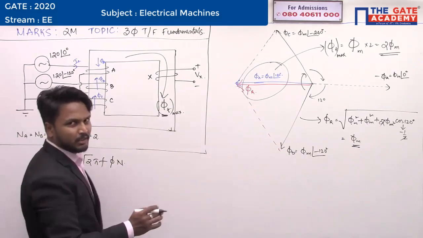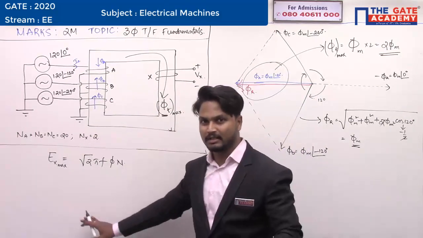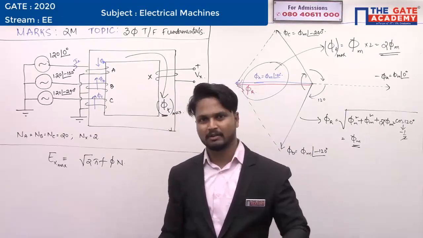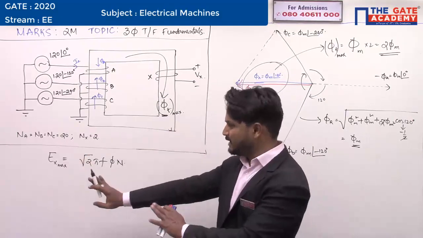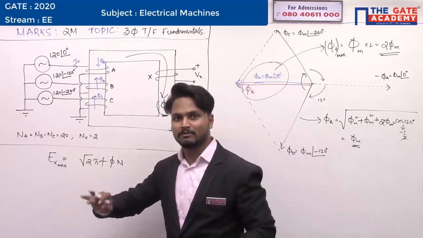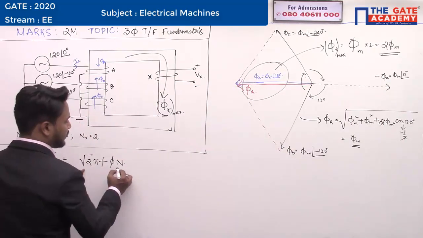Instead of writing root 2 pi, you can write 4.44 also, right? Generally it is written as 4.44, but root 2 pi will give you more accurate results, and that is the reason why I generally practice writing root 2 pi. In this case, writing root 2 pi will simplify your calculation a lot. Root 2 pi f phi n.